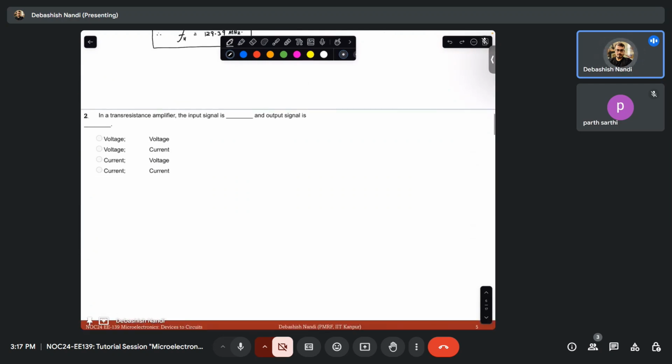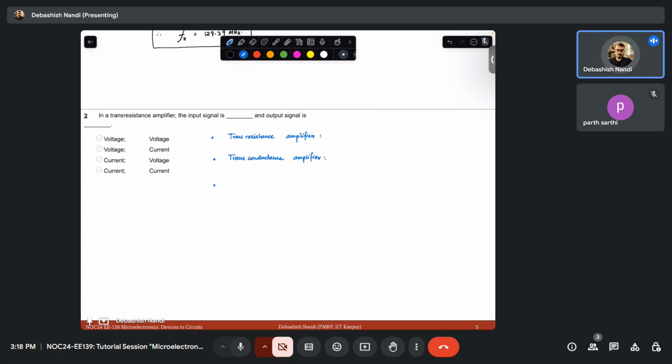Fine. So now moving on, I think this is pretty straightforward. So please try this one. What is the trans resistance amplifier? Okay, so trans resistance amplifier. Another one, let's say transconductance amplifier.